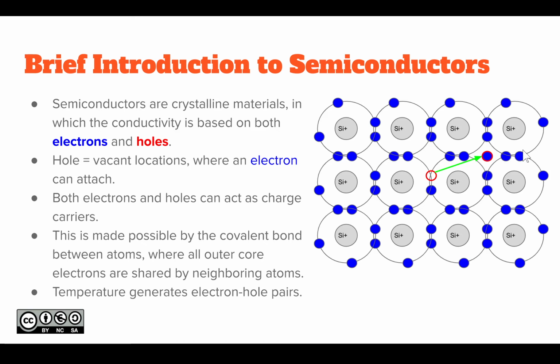Effectively, it looks like holes are also carrying charge, although geometrically they are tied, but it moves due to this generation and degeneration of electron hole pairs. Okay, so yeah, more physics.